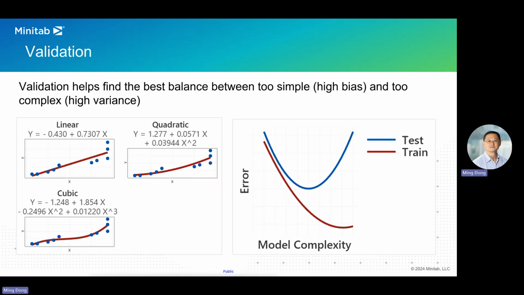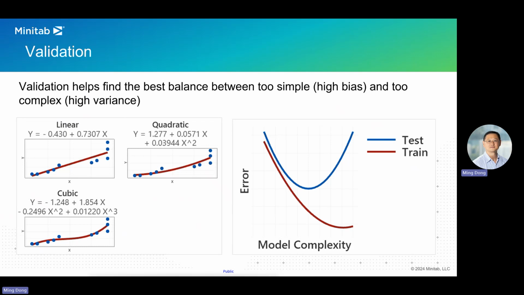Then you probably want to ask why we want to test, why don't you use the whole data set? Okay, so we have two different kinds of problems. One is called high bias, another is called high variance. What does it mean? If you build a very simple model, for example, a straight line, let's use regression as an example.